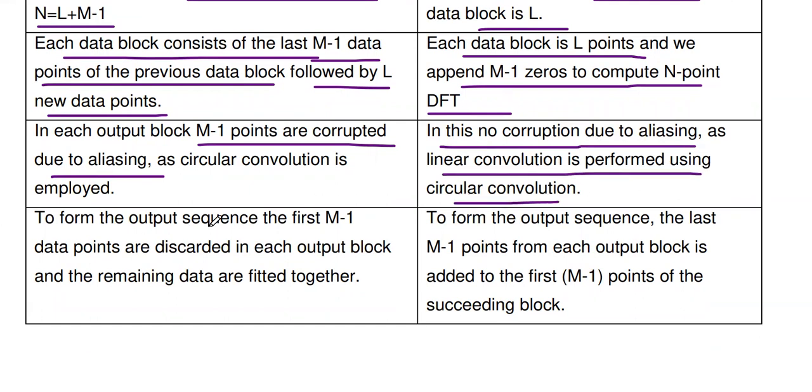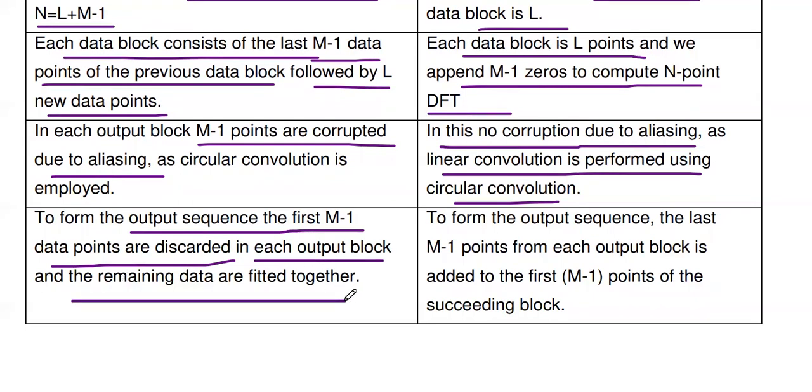To form the output sequence in overlap save, the first M minus 1 data points are discarded in each output block and the remaining data are fitted together. So to find the final output, we discard the first M minus 1 data points from each sectioned output Y1, Y2, Y3 and combine the remaining.